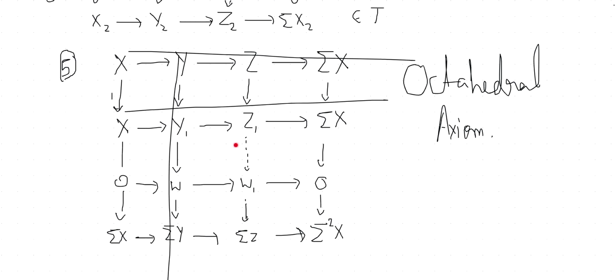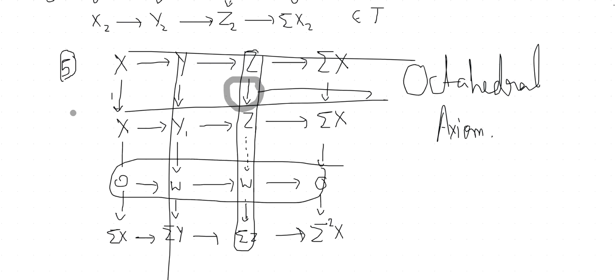The axiom should be that you can also arrange for this, and that's important, arrange for this so that this triangle which you get is such that this thing is also a triangle and everything commutes. So basically I should say that this one is the main thing. This actually should not be given.